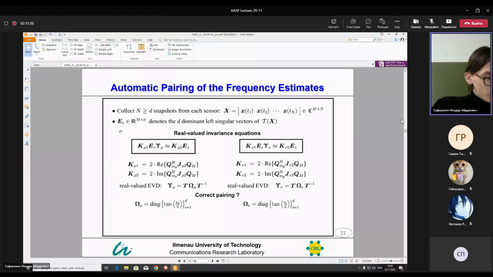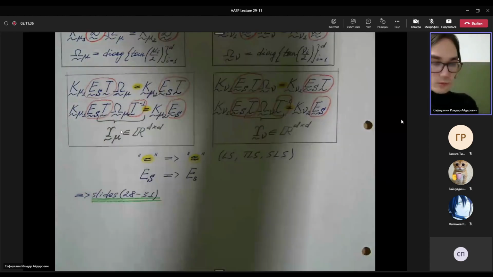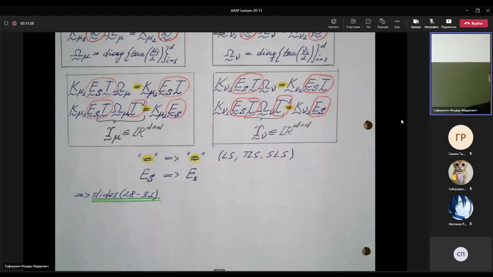And let's write next what we have in this case. So we have matrices epsilon sub mu and epsilon sub nu, which are real valued matrices.